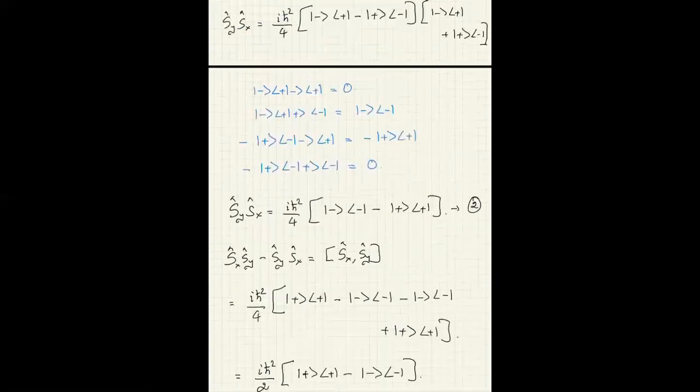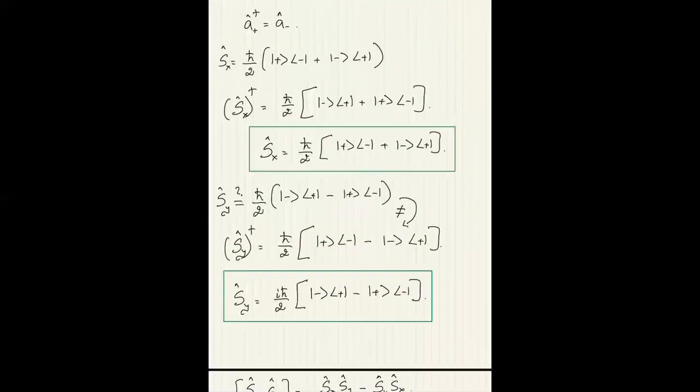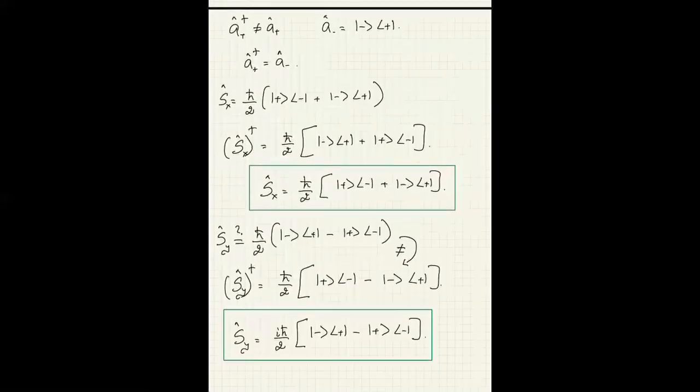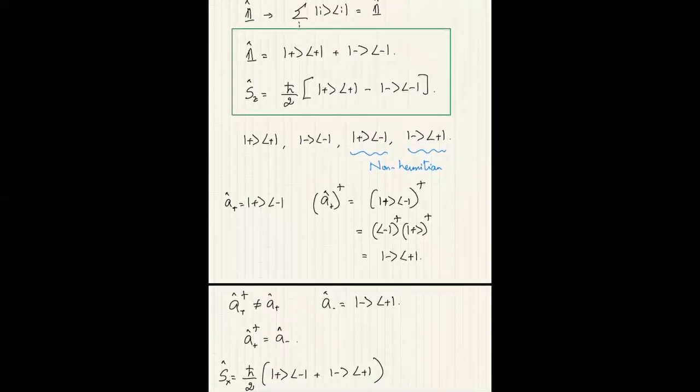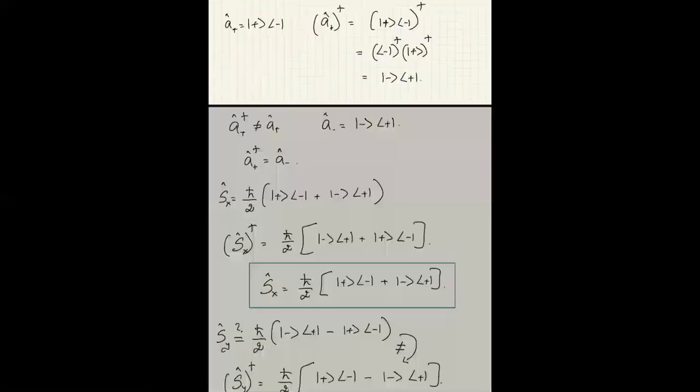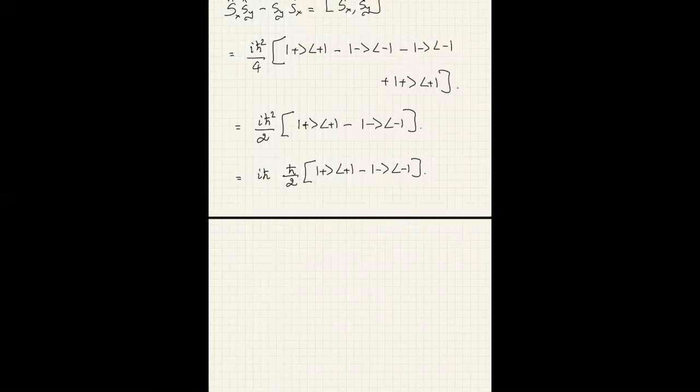And then you go back and look at the representation of Sz and you find that this combination, plus plus minus minus minus, is basically Sz. So whatever I have here, this stuff is basically Sz. Okay, so this whole thing is basically i h bar Sz. Okay, thus proving the commutation relation that is given to you in the problem.